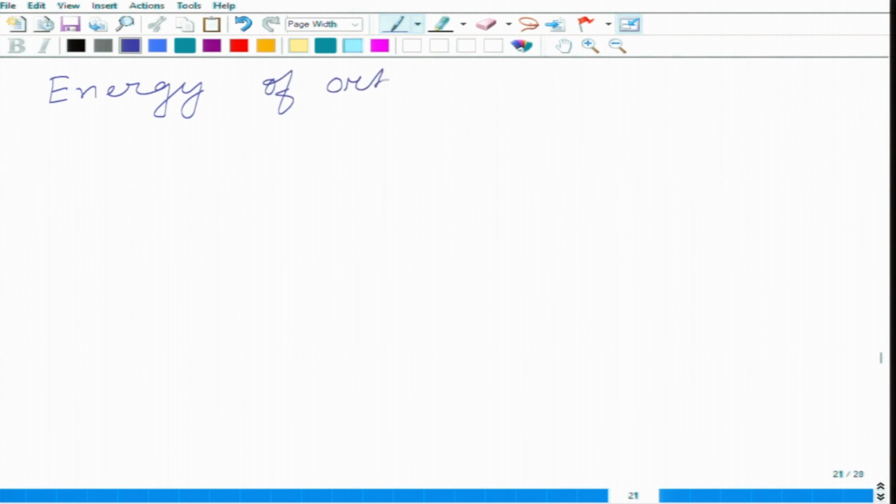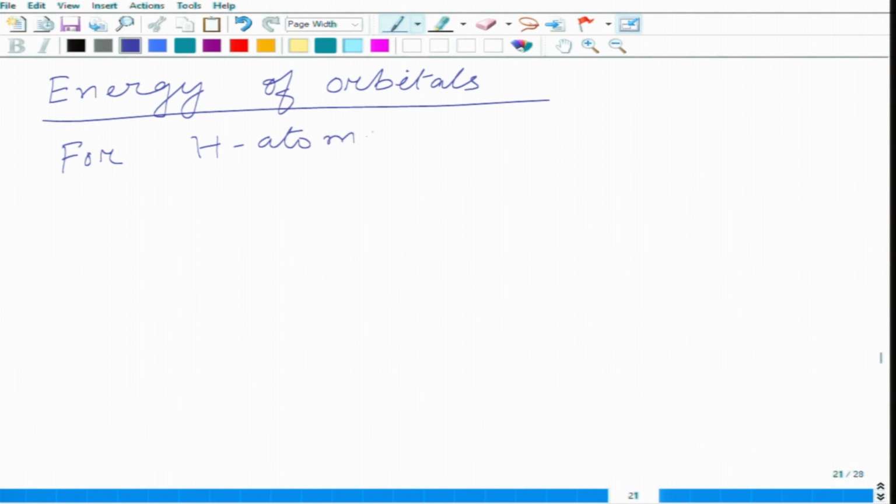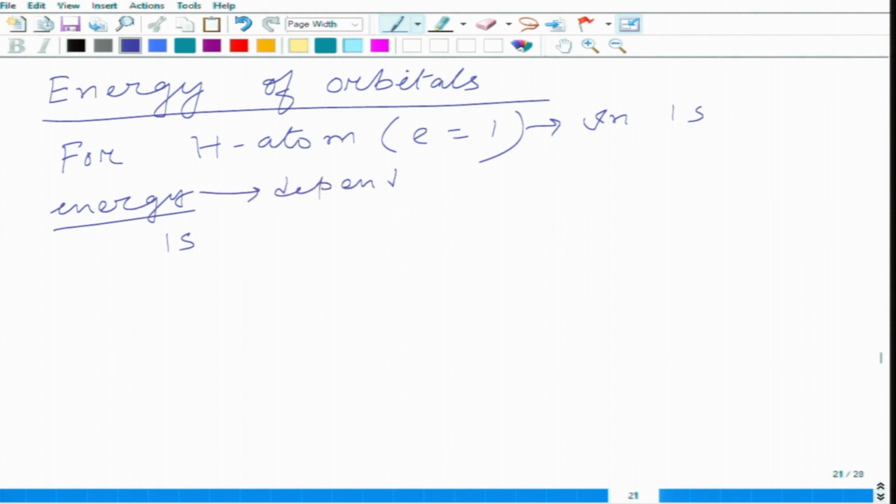Energy of orbitals. Now for hydrogen atom, the number of electrons was 1, which was present in the 1s orbital. We will study about the electronic configuration later on, but for now, the energy values of the orbitals in hydrogen atom only depended on n.